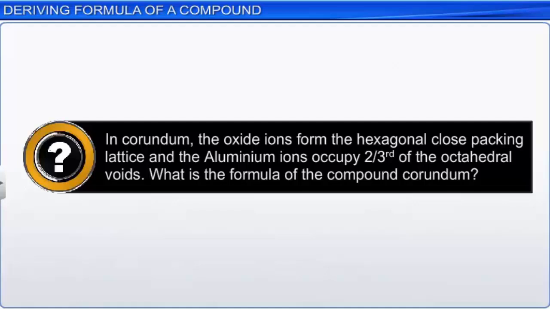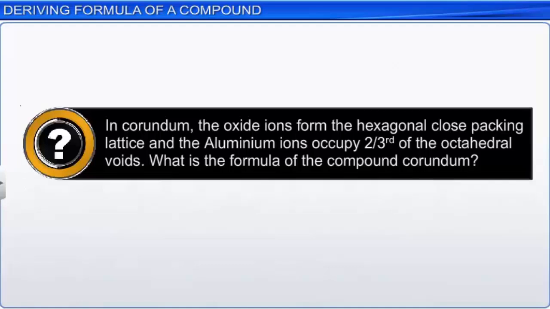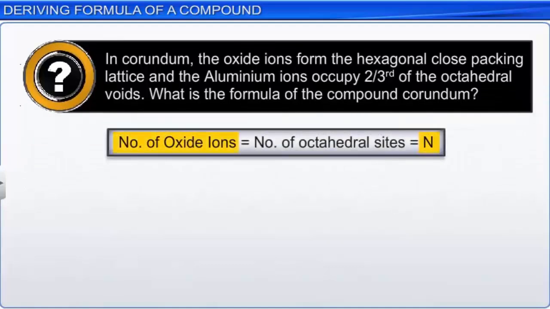You already know that the number of octahedral sites in a cubic close packing is the same as the number of constituent particles. Now, if N oxide ions form the crystalline lattice, the number of available octahedral sites is also N. But only 2/3 of N octahedral sites are occupied by the aluminium ions.